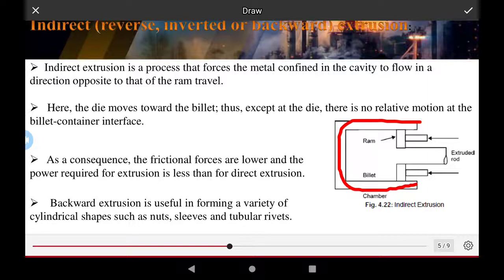In indirect extrusion the force is applied, and the extruded part is achieved in the opposite direction.